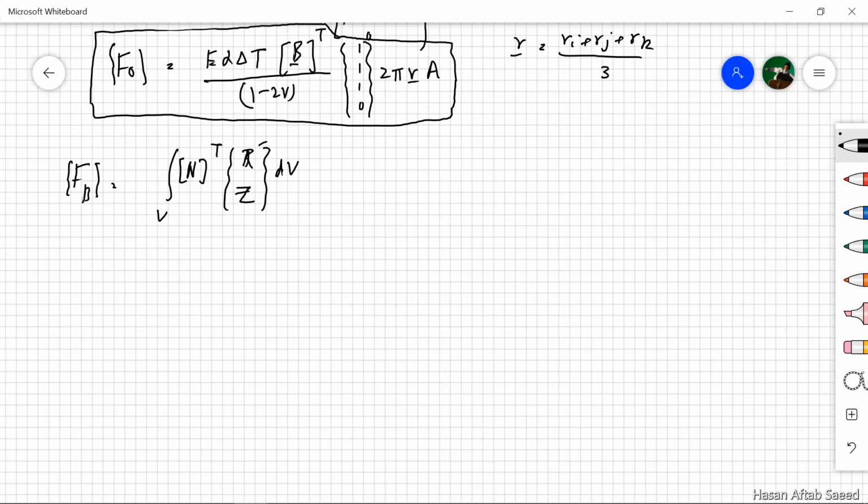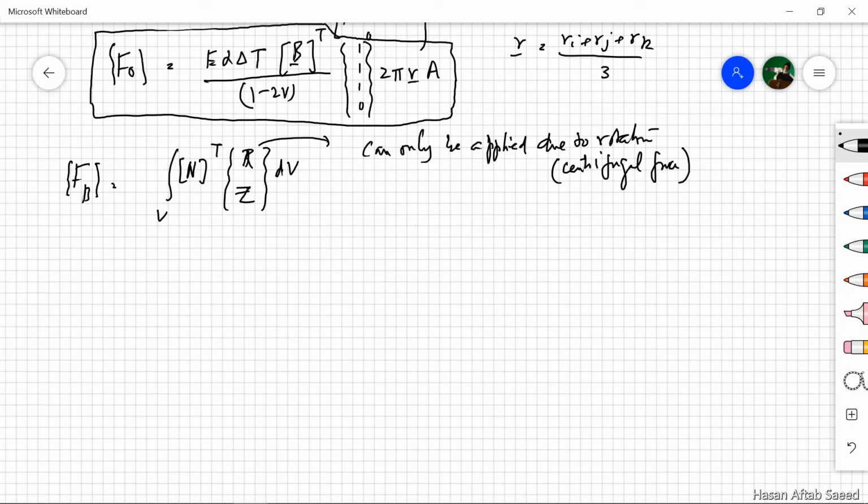Now that this R can only be applied due to rotation, centrifugal force. This Z, this can be applied because of gravity, etc., or magnetic force or whatever.